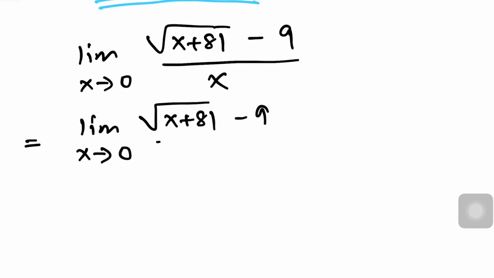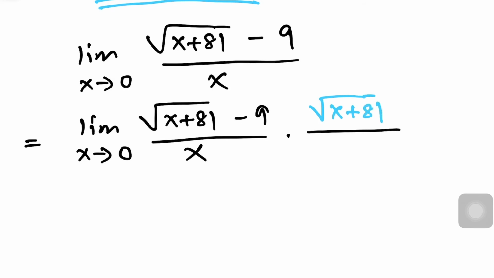So that's exactly what we're going to do. I'm going to multiply top and bottom by the conjugate. So that's going to give us square root of x plus 81 plus 9. I'm also going to divide by the same thing, square root of x plus 81 plus 9.